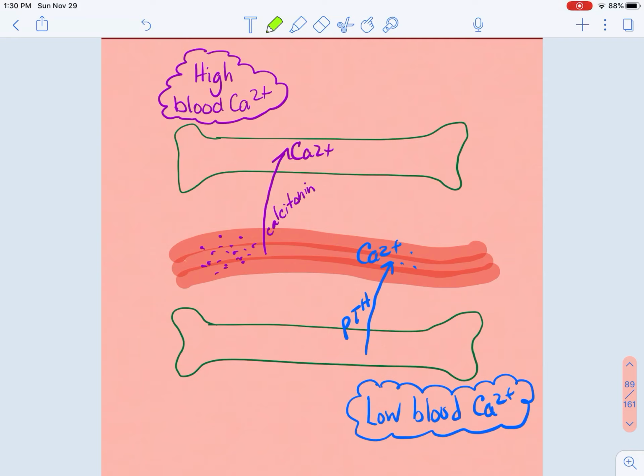I have told students that a really good tip in reading these questions about calcitonin and parathyroid hormone is to draw this picture of the bloodstream here, and these are 2 bones here, and remember your little rhyme of calcitonin to the bone.